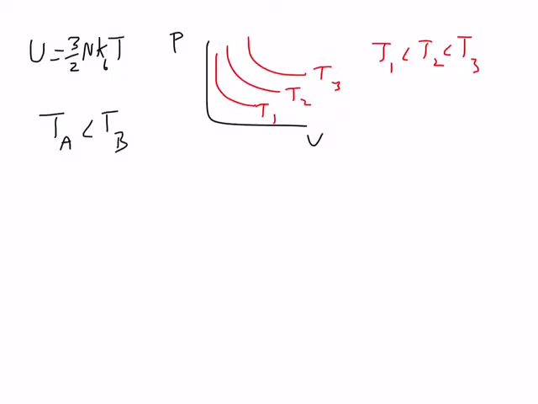Another thing you can do is note that the gas going from state A to state B expands at constant pressure. The only way for it to expand while keeping the pressure constant is if the temperature goes up, right? That makes all the collisions more powerful. That's how it's able to expand, because the molecules are traveling faster.